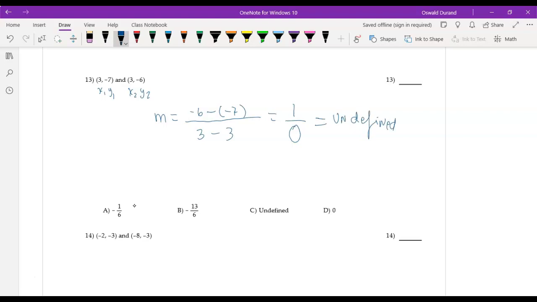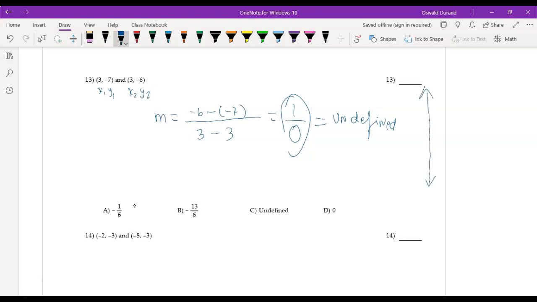Okay, please do not confuse 0 over 1 with these two. Those are not equal. This one is undefined. This one is equal to 0. So two different outcomes. So what did we say about a slope being undefined? It is a vertical line, right?